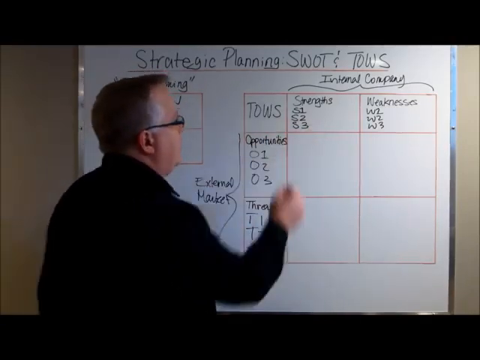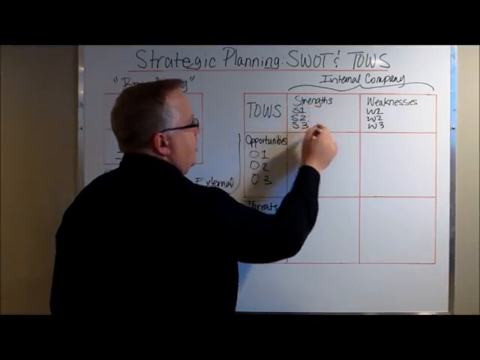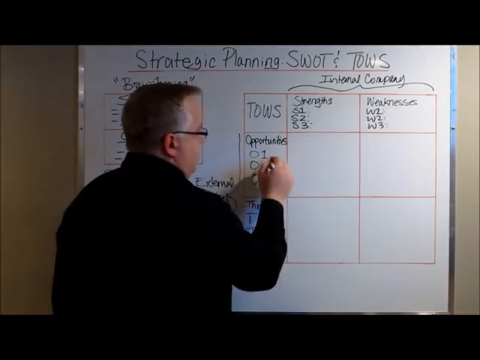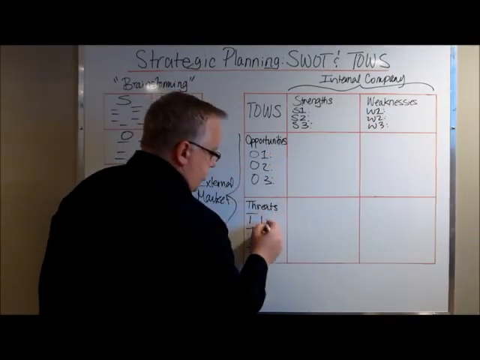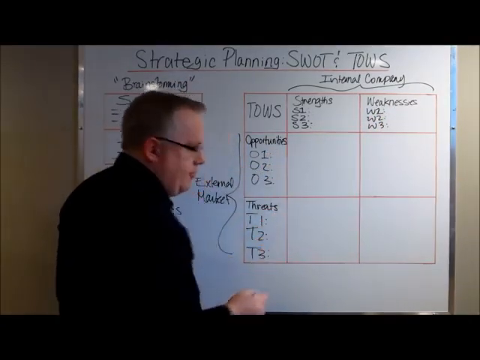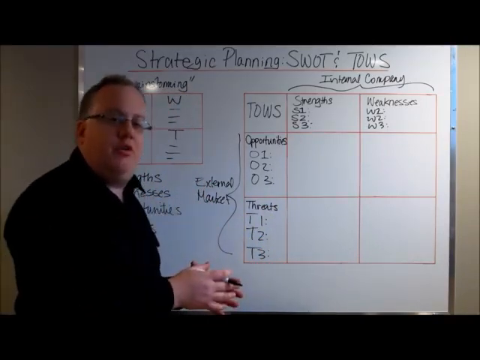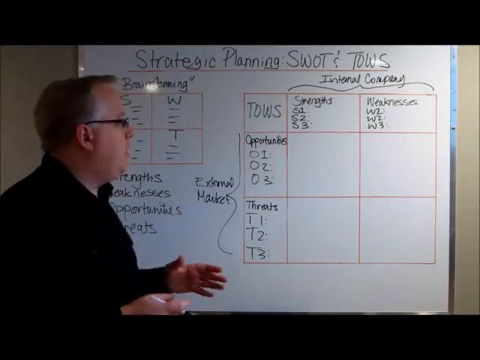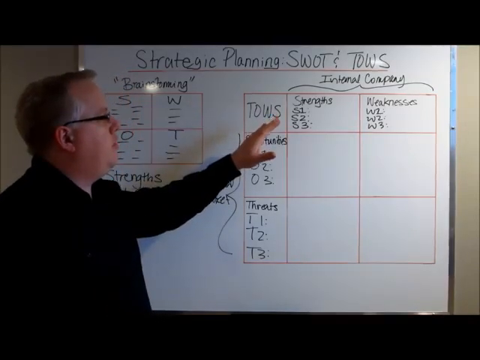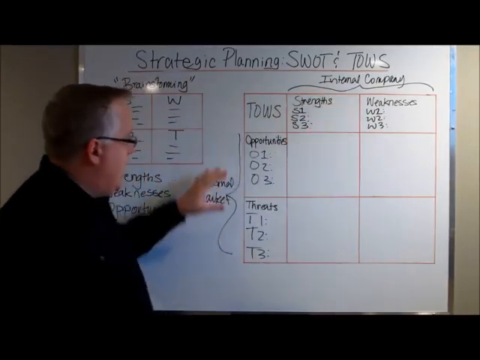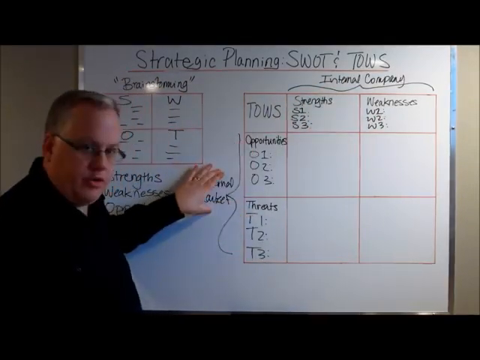What you're doing is keeping it very clear and concise in terms of what your strengths are, what your weaknesses are, what the opportunities are in your market, and what the threats are in your market. And these threats could come from competitors, from issues outside of your immediate market, or a competing technology. But what the TOES analysis forces you to do is see your strengths and your weaknesses as internal to your company and your opportunities and your threats as external to your market.